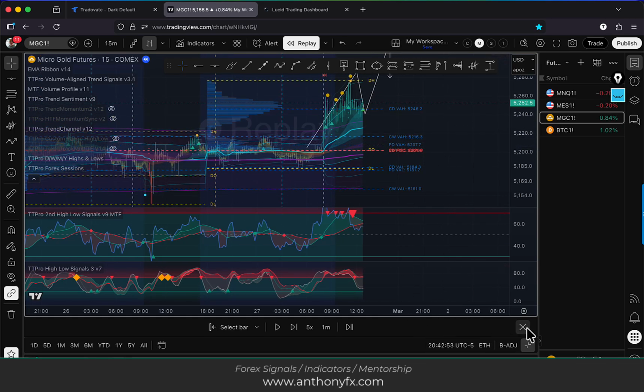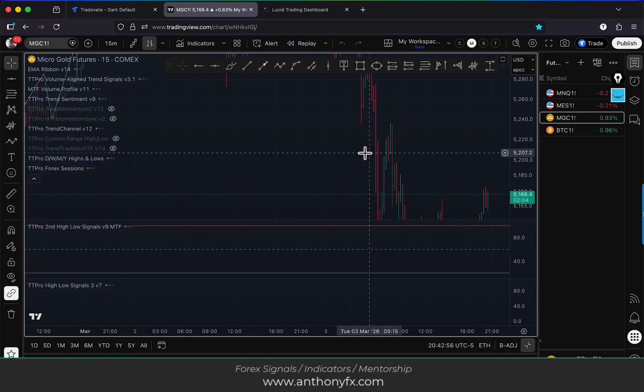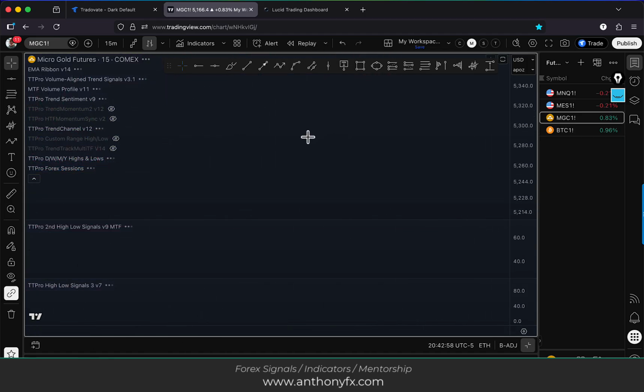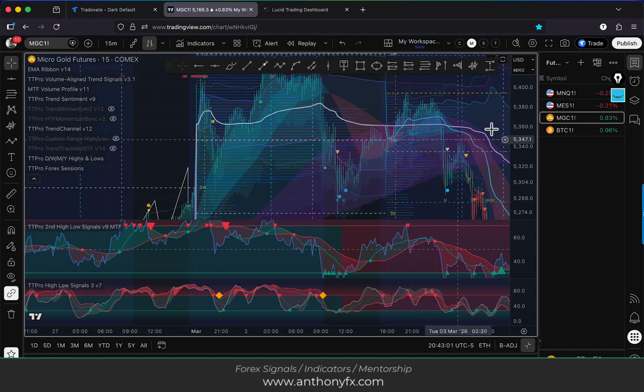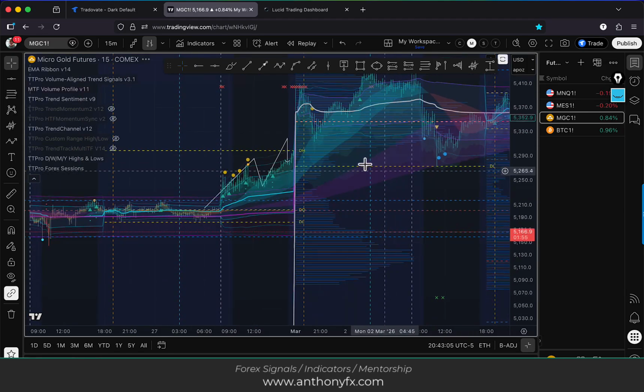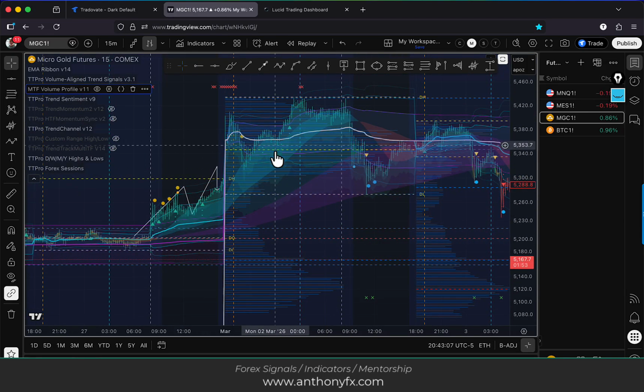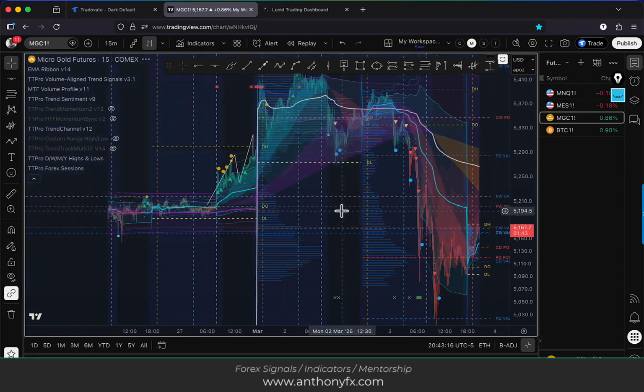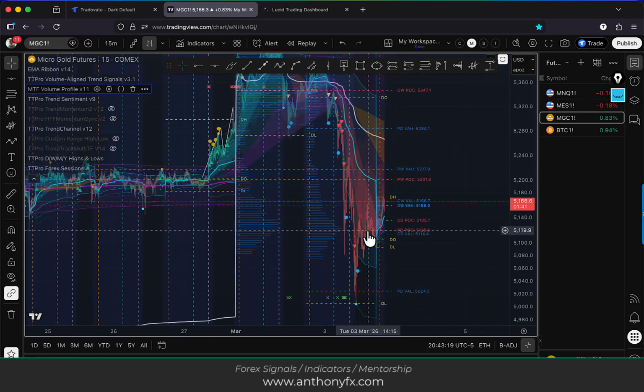So here's the difference. Now when you get, and that's when, as I said, the trend is, let's just open that up. So that's when it's trending like this and you got these blue, like this, the ribbon here supporting you, right? So it's really easy. But what happens when you get a deep pullback like that?